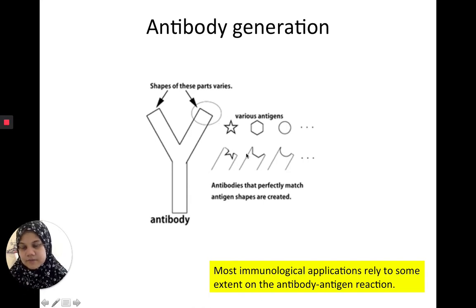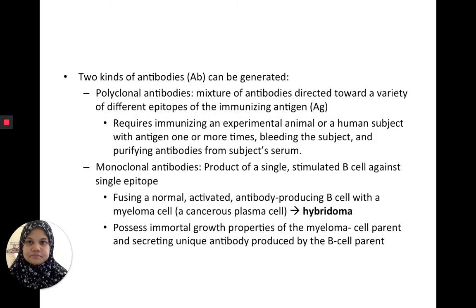It can recognize really anything that the B cell has been exposed to, as long as it's been activated to that particular antigen. So they're more or less, I mean, nothing's perfect, but it can match the particular conformation of that binding site, and then it can trigger off reactions or be manipulated to be labeled and visualized, and so on.